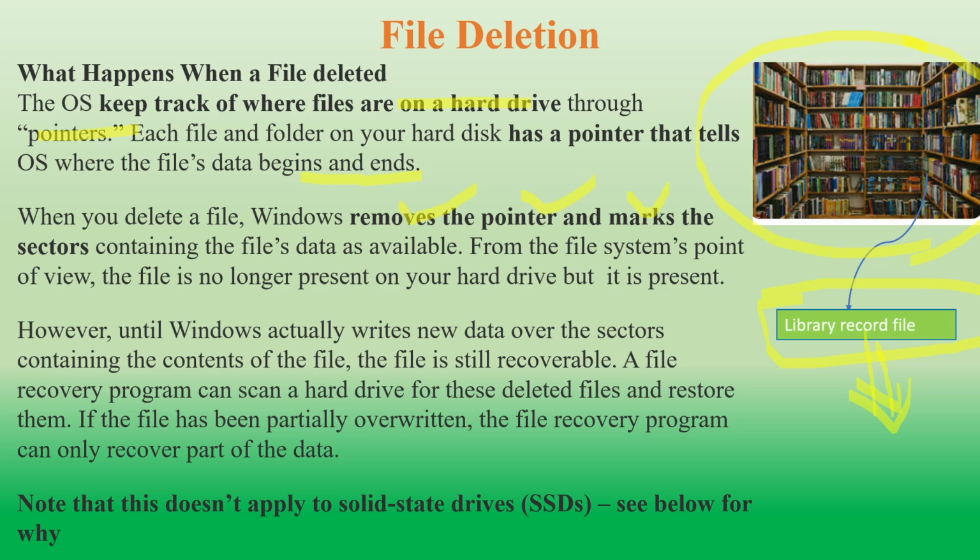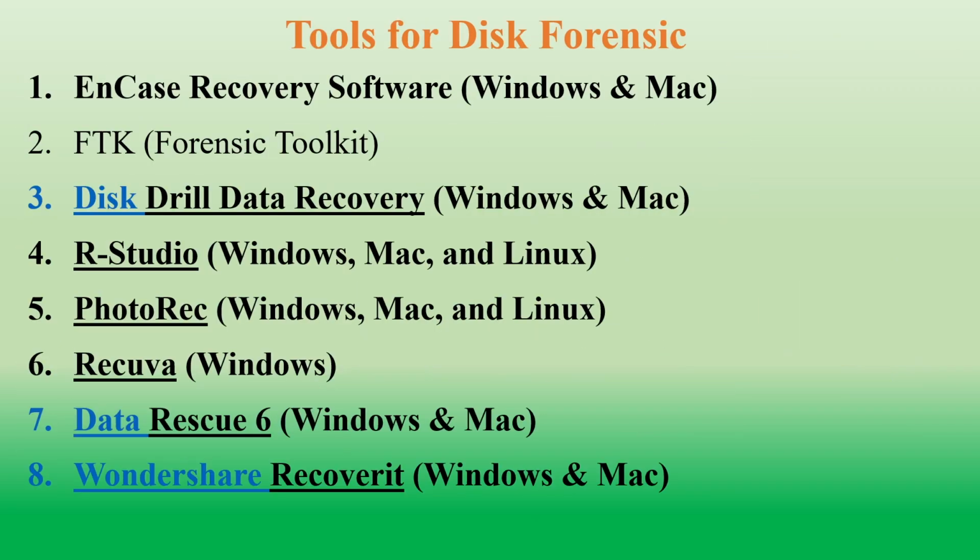So we can quickly access the book. Suppose this record is deleted. Then it becomes almost impossible to search for a book or to take our books without this proper information. Similarly, when the pointer is removed, it becomes impossible for the computer to retrieve the same file.